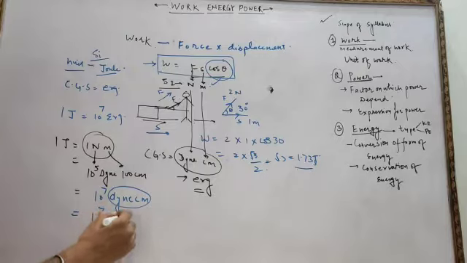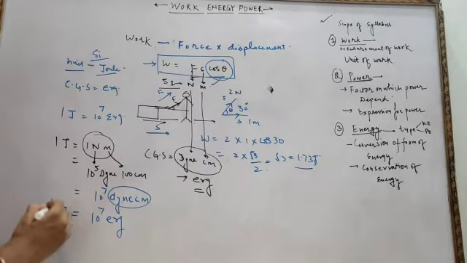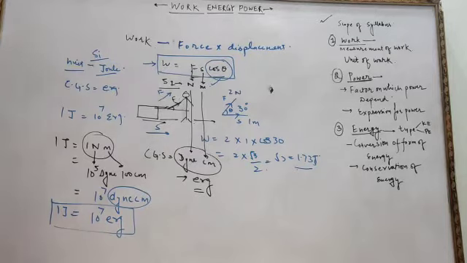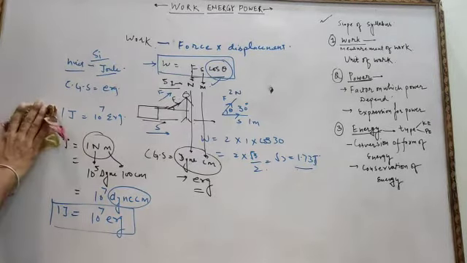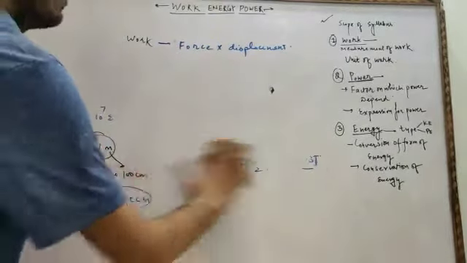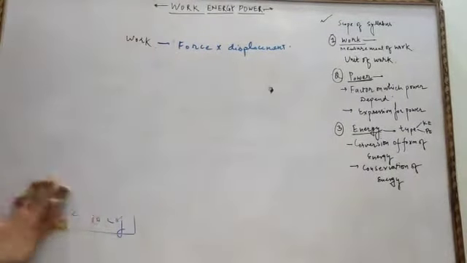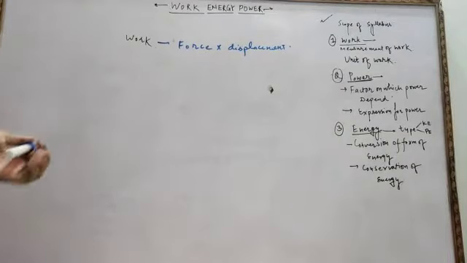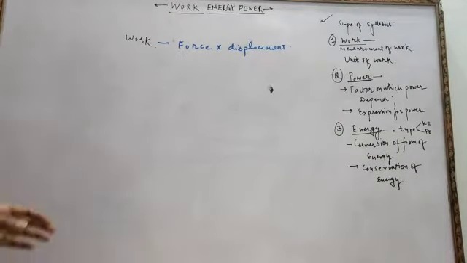So 1 joule equals 10 to the power 7 erg. This will give you the relationship between SI and CGS units of work done. In this manner we understand what work is and what the unit of work is. This question can be asked in our examination: what do you mean by work and what are the units of work.